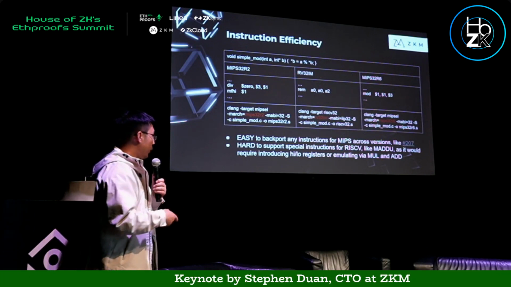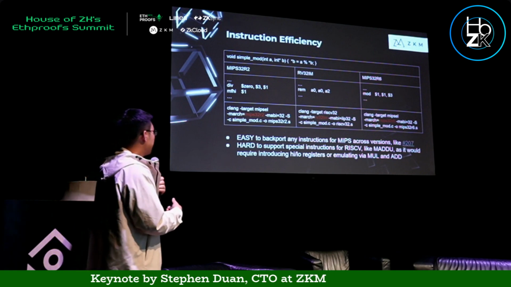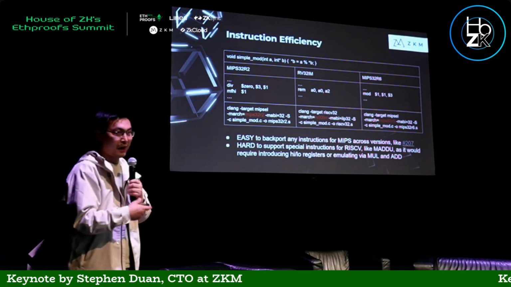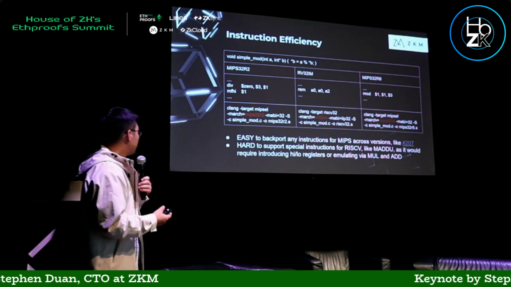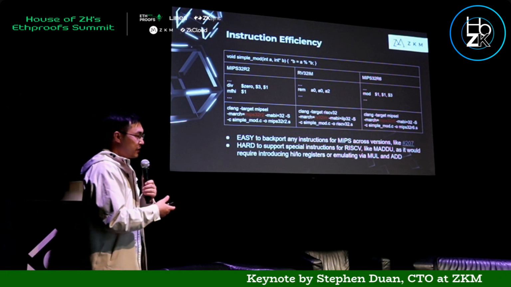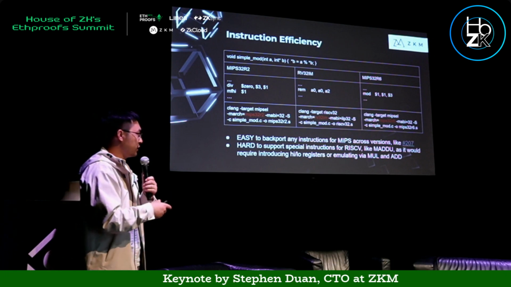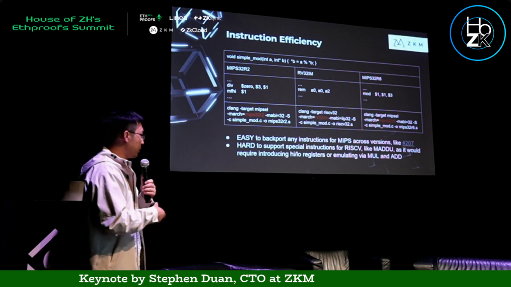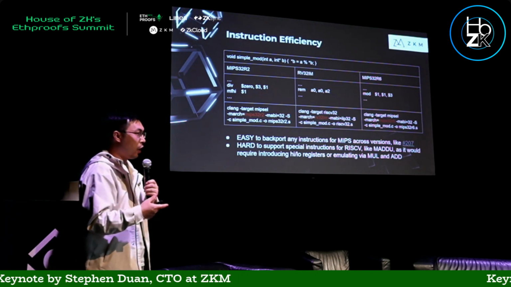So we dug into the assembly code, and we found that MIPS32 R2 needs about two or three instructions. There is another TEQ instruction, omitted here because it can be optimized.